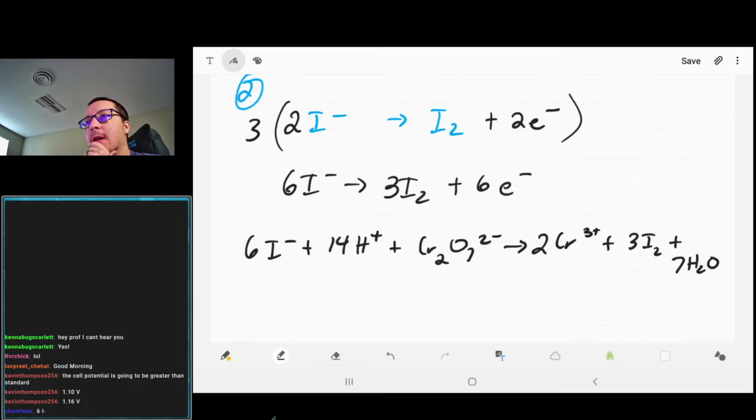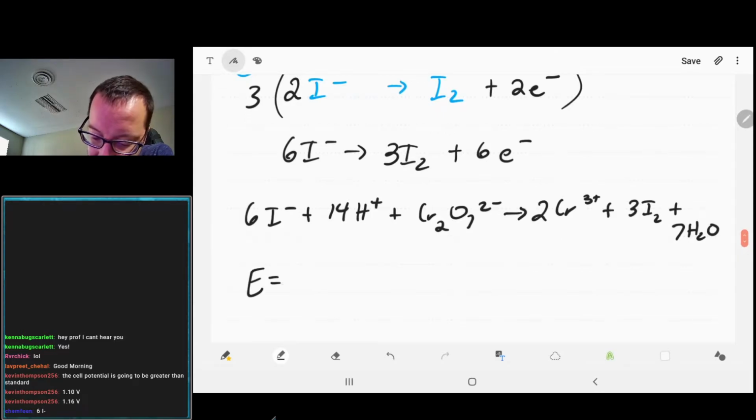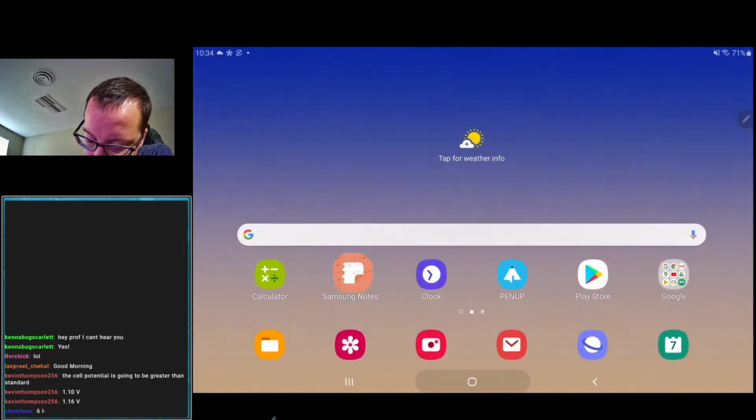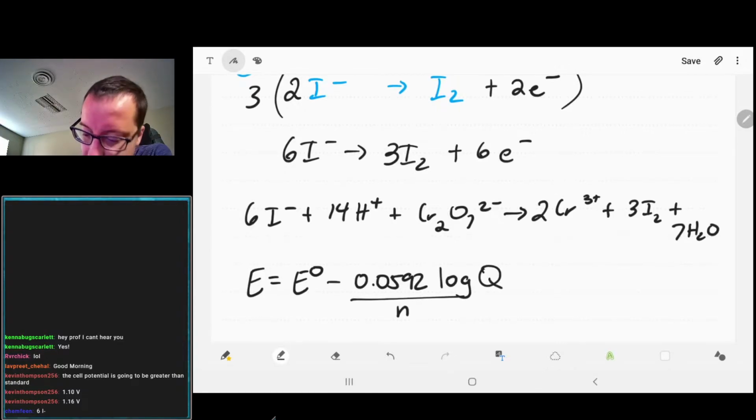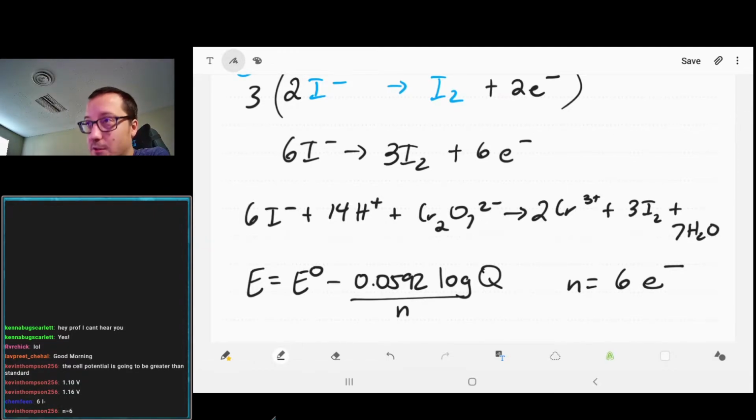All right. Any questions on the balancing, by the way? Hopefully that should be getting easier as we do more and more of it. We know that the E for this reaction, 0.0592 over N times the log of Q. And in this reaction N is going to be 6. We know that because we just balanced the half reactions. We saw that 6 electrons are being dealt with here.